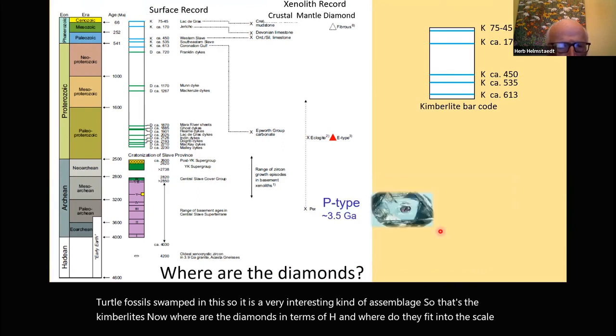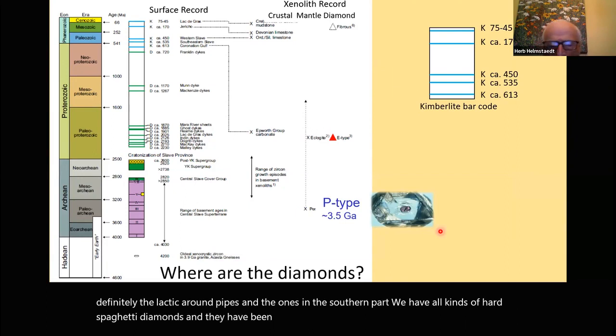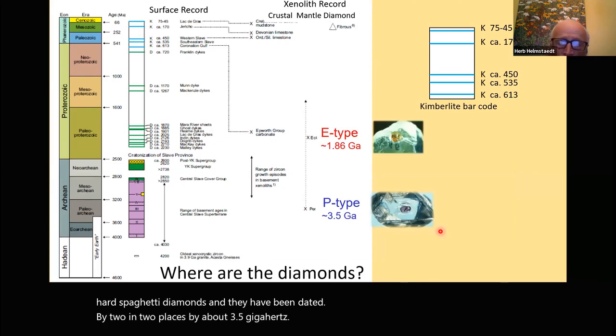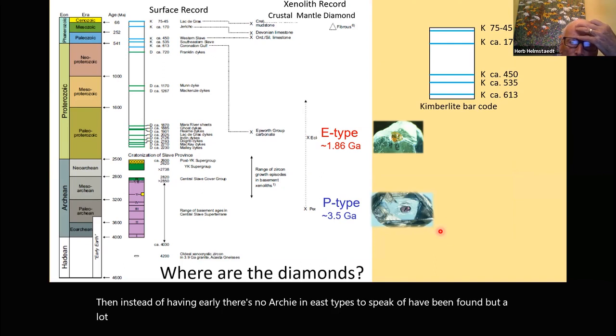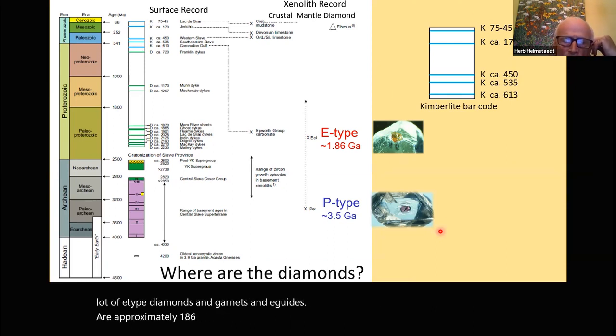They definitely, the Lac de Gras pipes and the ones in the southern part have all kinds of harzburgitic diamonds, and they have been dated in two places at about 3.5 gigayears. Then there are no Archean E-types to speak of found, but a lot of E-type diamonds and garnets and eclogites are approximately 1.86 billion years old. They came much later, in other words, post-Archean.